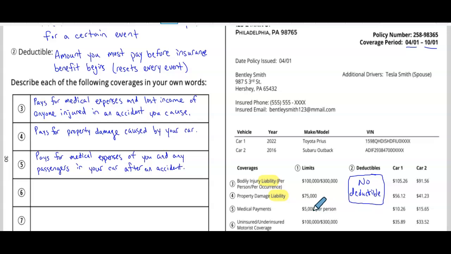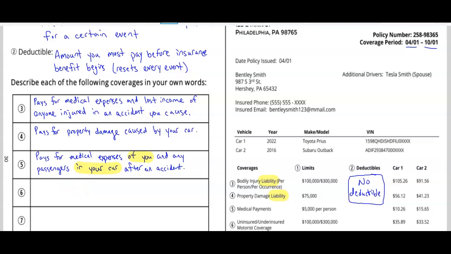Okay, and it says that's $5,000 per person. So it's not a lot, but this is to cover your medical expenses. If you get into that accident and something happens to people in your car, this is where that's going to cover it. So I want to stress that it's of you and any passengers in your car, as opposed to the liability, which is what happens for people that are in the other car.